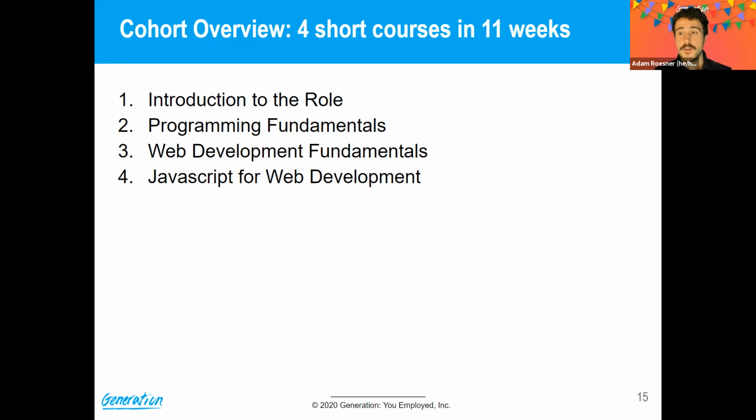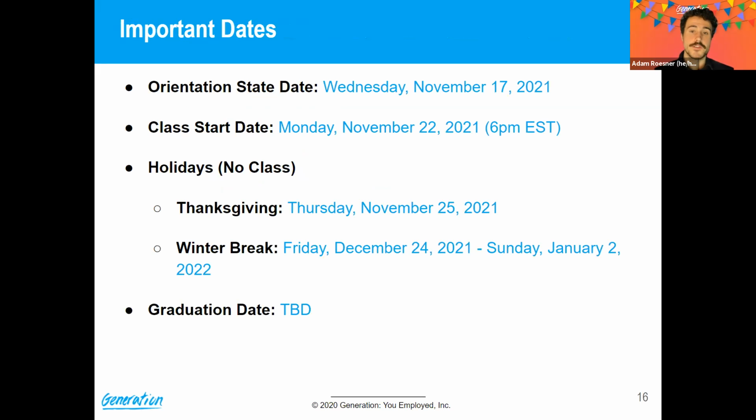What are the essential features of web development? What are the very basic ideas at play and technologies that you must use? And finally, JavaScript for web development. JavaScript is the sort of most complex part of our program here. So of course we save it for last. We want to give you a good foundation in the other aspects of web development, and JavaScript will sort of come last.